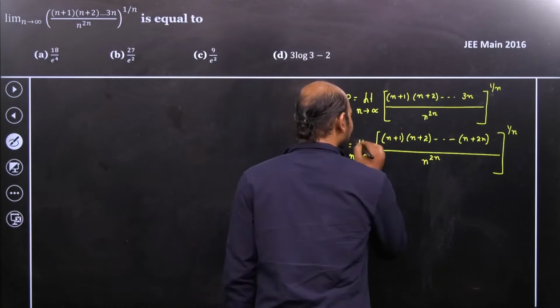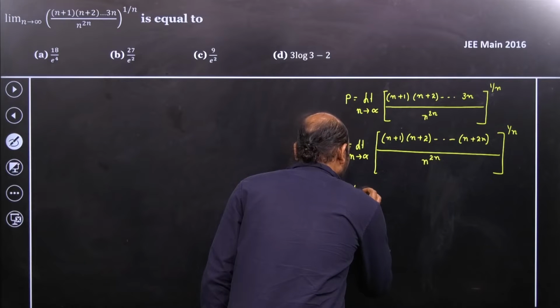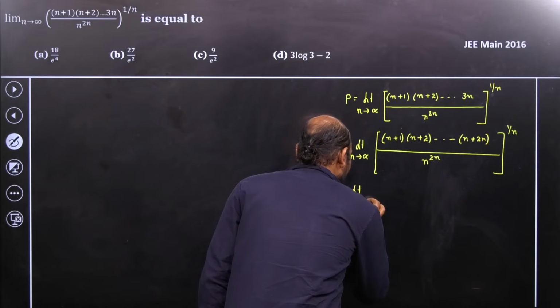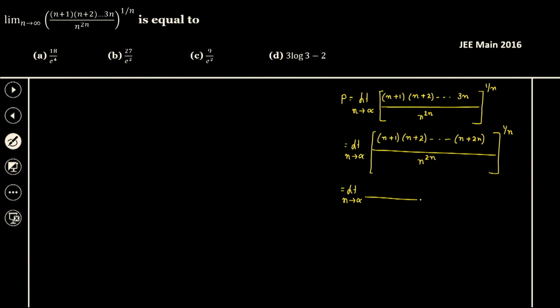Now to find that, we just take n common from everywhere. So that implies the limit as n tends to infinity. N common from the first one, we'll get 1 plus 1 by n. Again n common, so we'll get 1 plus 2 by n, and so on, up to 1 plus 2n divided by n, all divided by n to the power 2n.